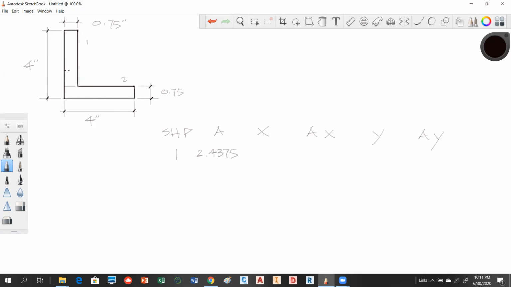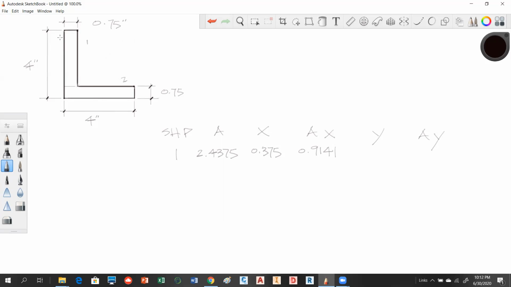So x is the distance from here to the y bar of that, so it would be half of 3/4. A times x is going to give us 0.9141.